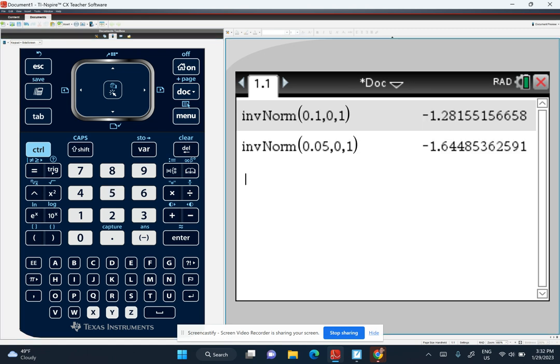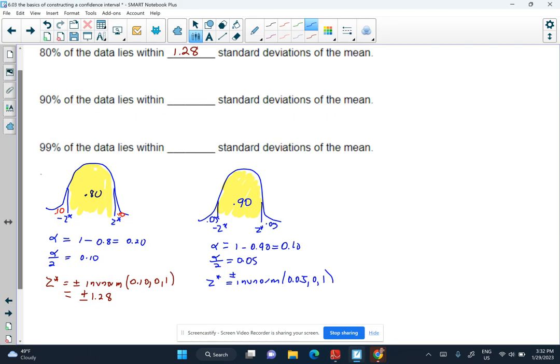And we hit OK. And we normally round this to negative 1.645. So that's pretty standard for this one. So if you're looking at the middle 90% of the data, that's going to lie within 1.65 standard deviations from the mean. And then finally, we're going to look at 99%.